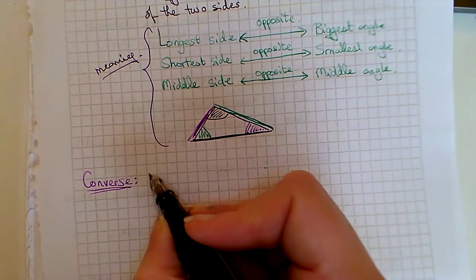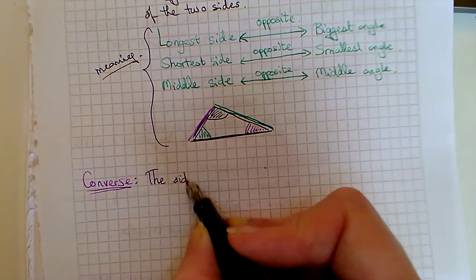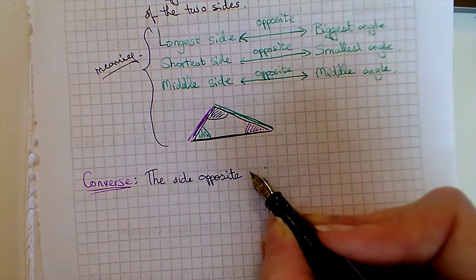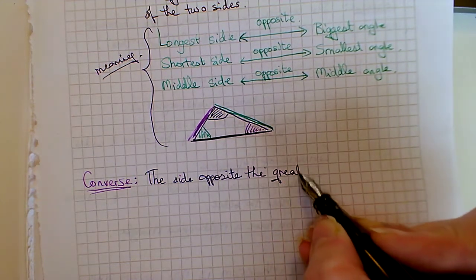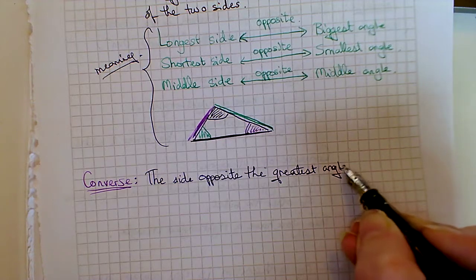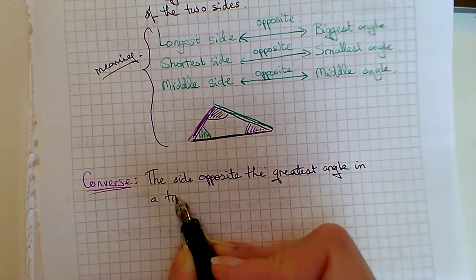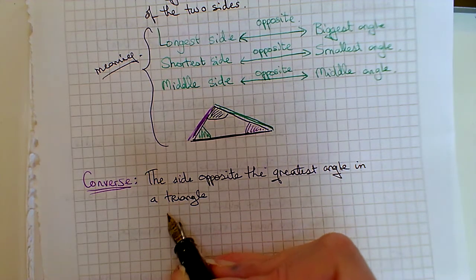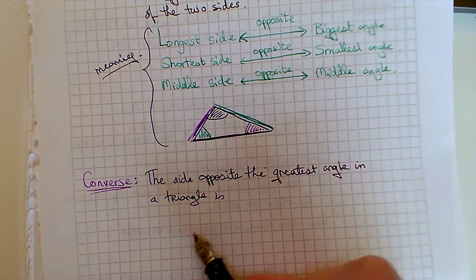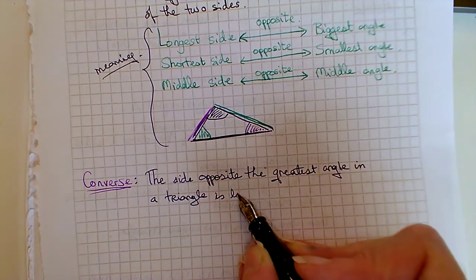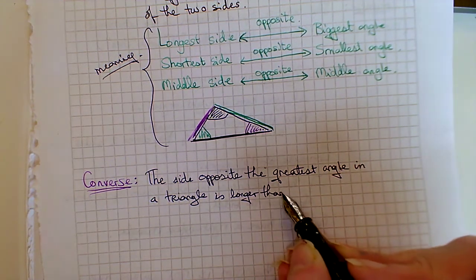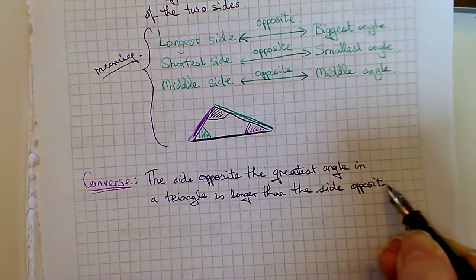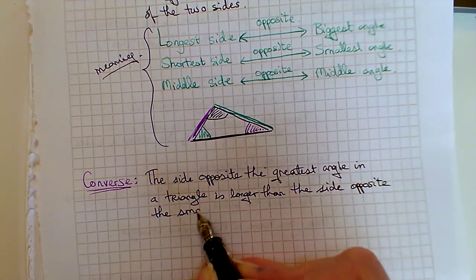So the converse says that the side opposite the biggest angle, the greatest angle, in a triangle is longer than the side opposite the smaller angle, or lesser.